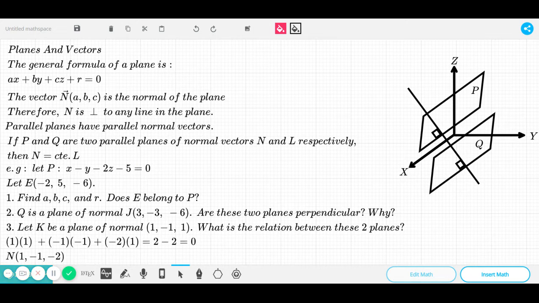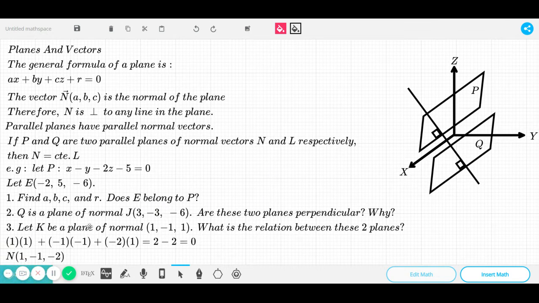Moving on to number 2, they gave us a plane Q of normal vector J of coordinates 3, minus 3, minus 6. We can say that J is 3 times n. 3 times 1 is equal to 3, and minus 1 times the 3 is equal to minus 3, and minus 2 times the 3 is equal to minus 6.